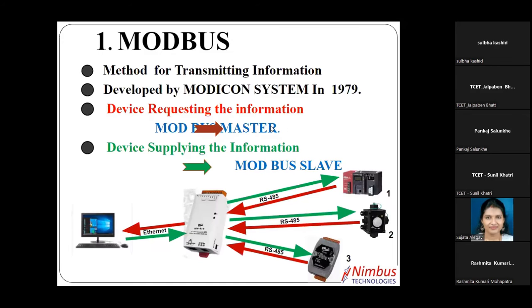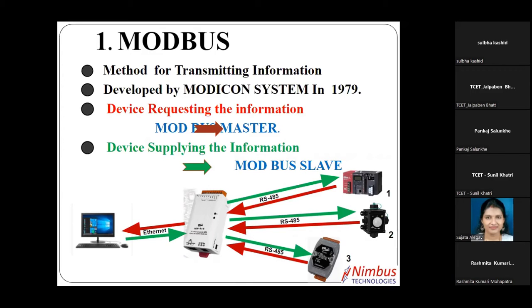This is a typical communication using the Modbus protocol. Modicon introduced this protocol in 1979 for machine to machine transmission. Before that, the RS232, RS422 and RS485 standards were recommended to communicate between the host and devices. Devices are nothing but your number of slaves.